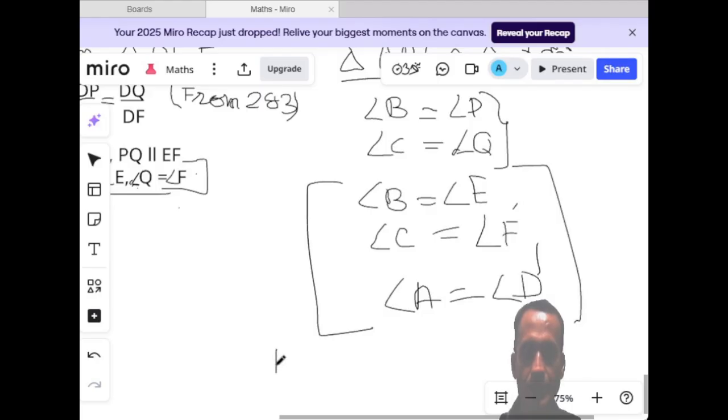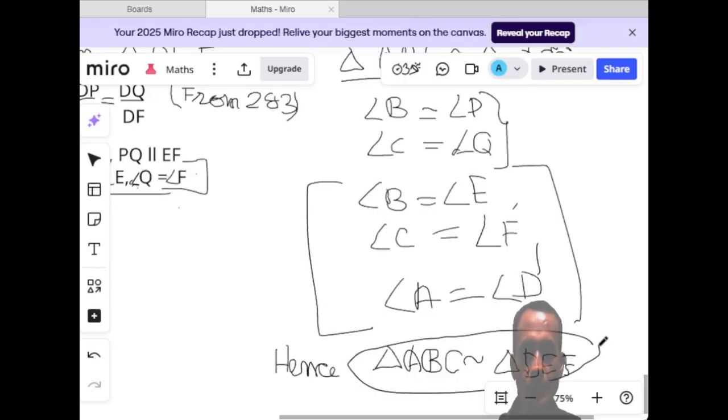Hence, we have proved that triangle ABC is similar to triangle DEF. So our SAS theorem is proved.